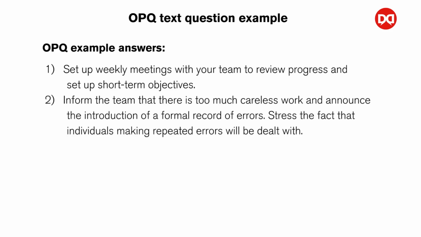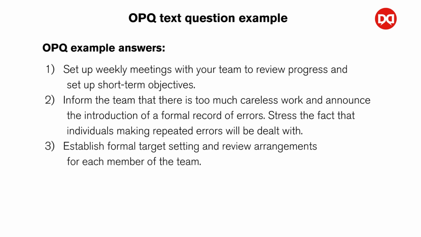Number 2, inform the team that there is too much careless work and announce the introduction of a formal record of errors. Stress the fact that individuals making repeated errors will be dealt with. And number 3, establish formal target setting and review arrangements for each member of the team.